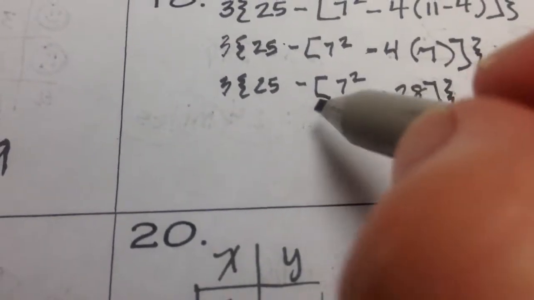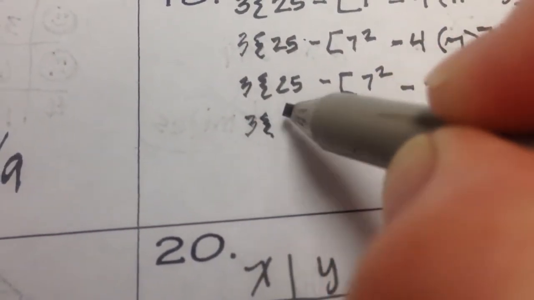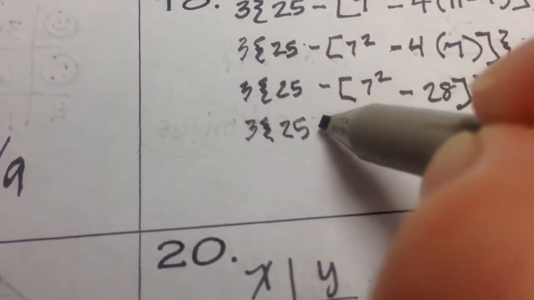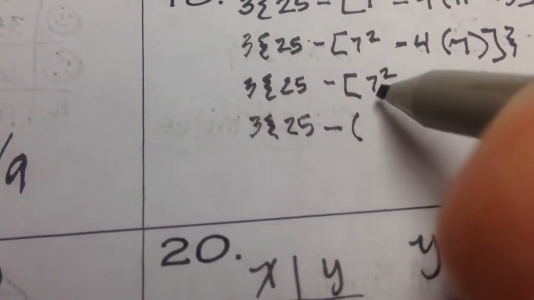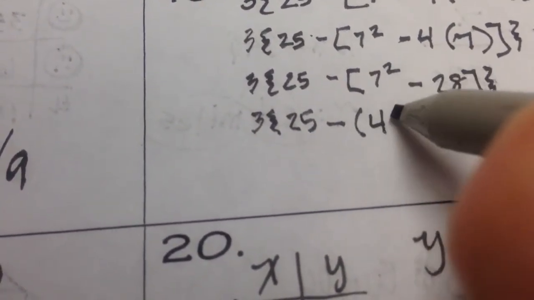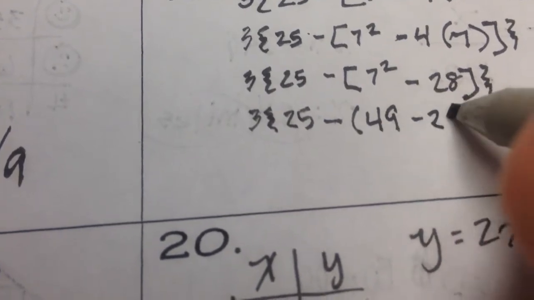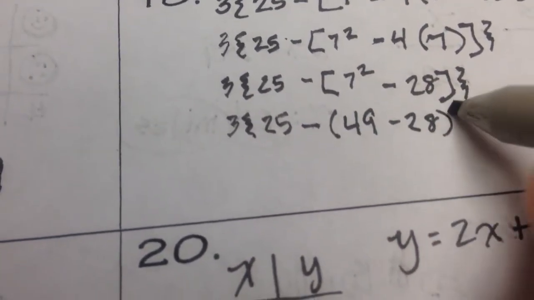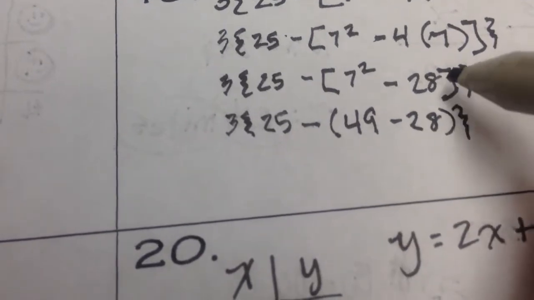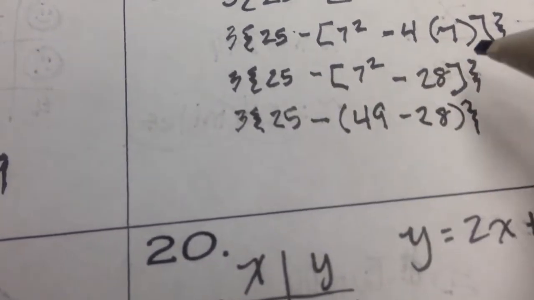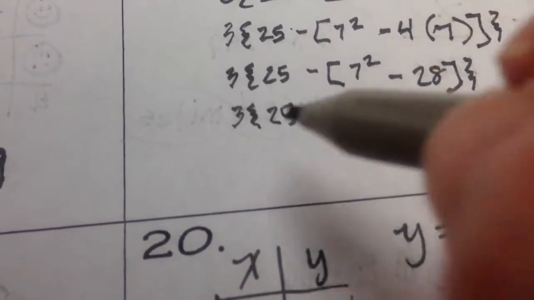Okay, still have to work within my parentheses here, so 3 times 25 minus, now I'm going to go ahead and do this because that's 49 minus 28. Okay? See, it doesn't matter what symbols I'm using for inclusion, just as long as I'm using symbols of inclusion.